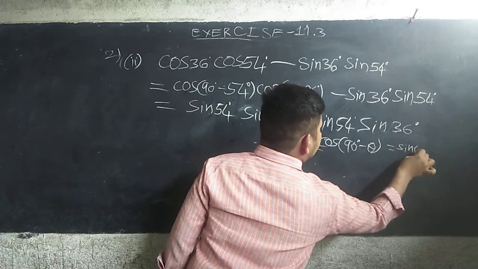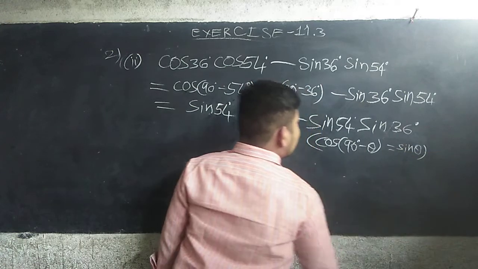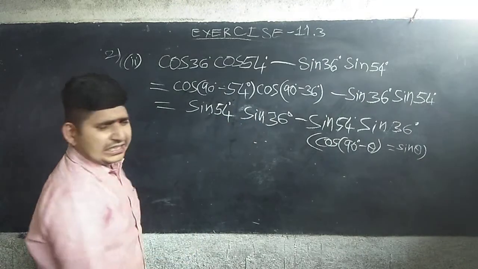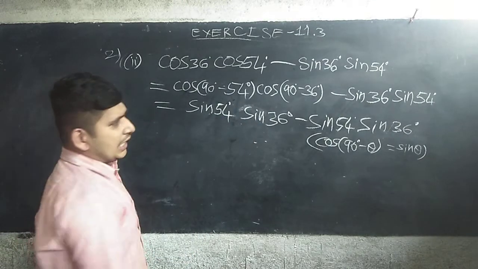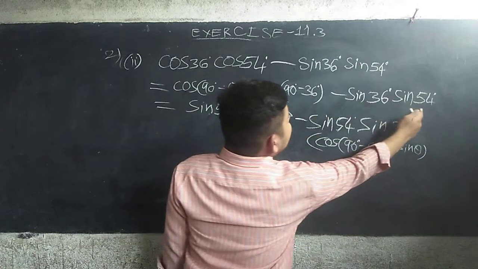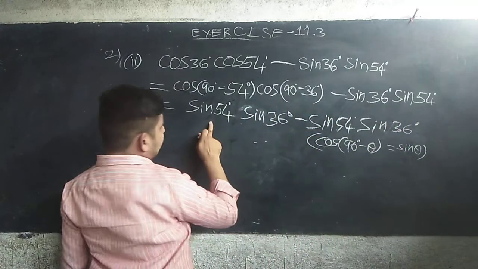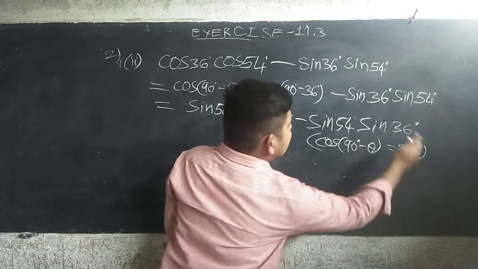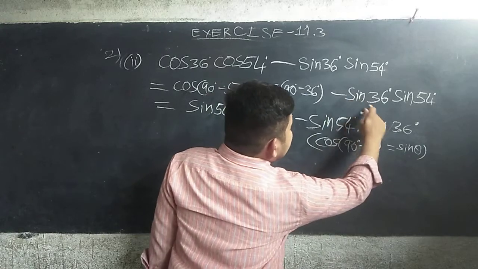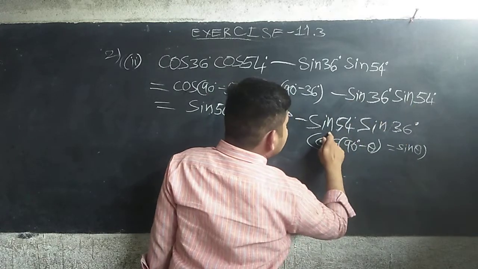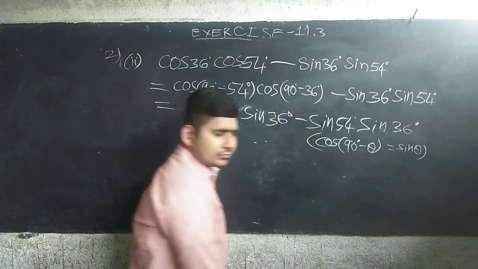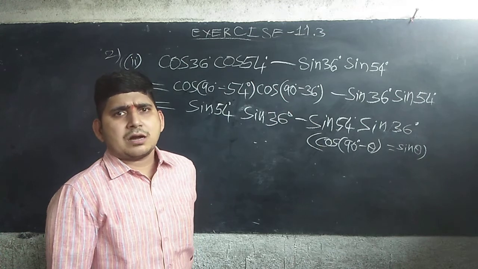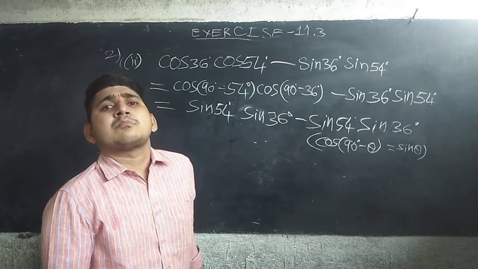Now see here, sin 36 into sin 54 is there, but here sin 54 into sin 36 is there. That is why I converted sin 36 into sin 54 as sin 54 into sin 36. A into B equals B into A, the commutative property under multiplication.